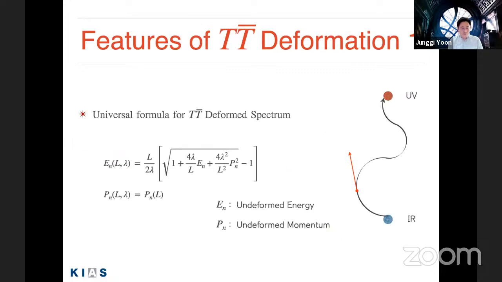First, the spectrum along the deformation is exactly determined by a universal formula in terms of the undeformed spectrum. This formula holds for the TT-bar deformation of any two-dimensional quantum field theory.